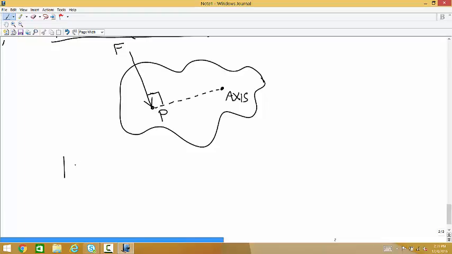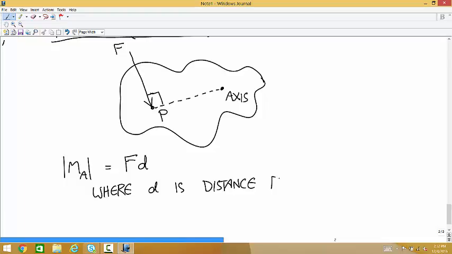Then the absolute value of the moment about that axis is equal to the force times the distance d, where d is the distance from the axis to that point P, the point where the force is applied.